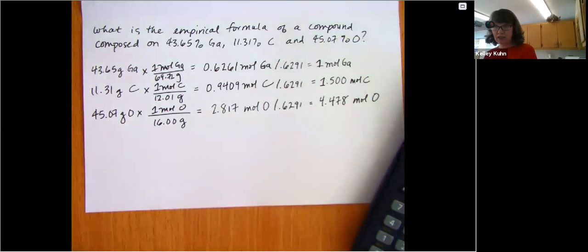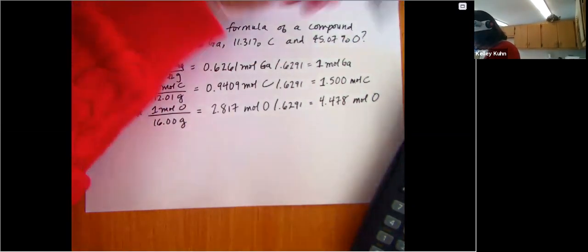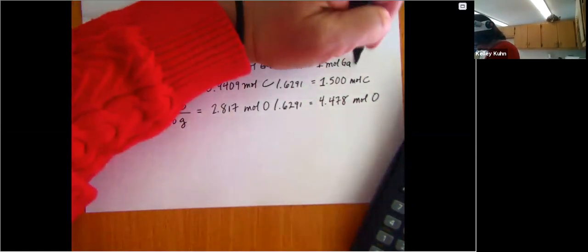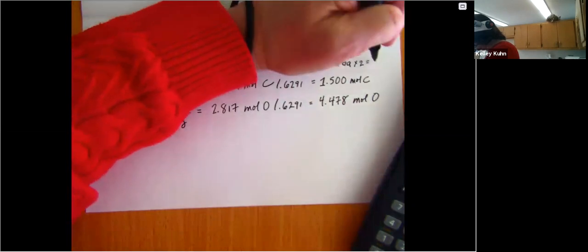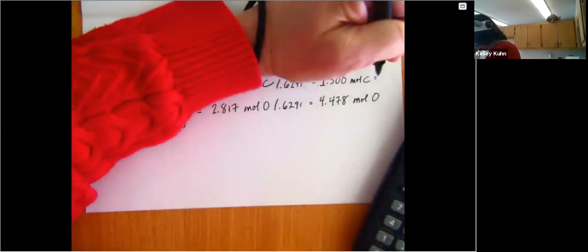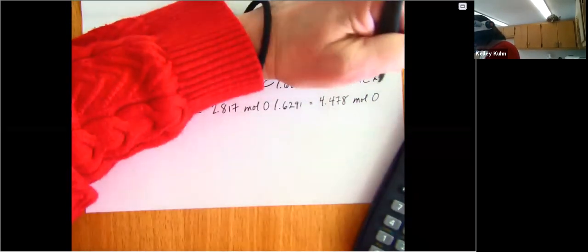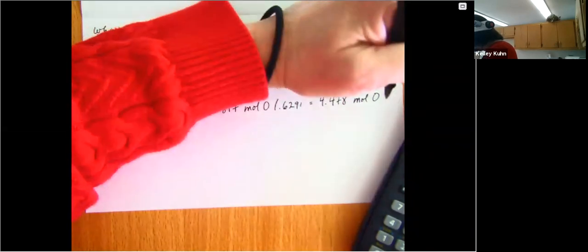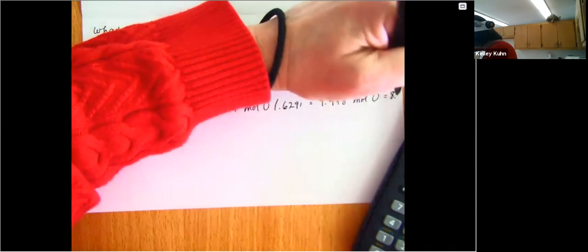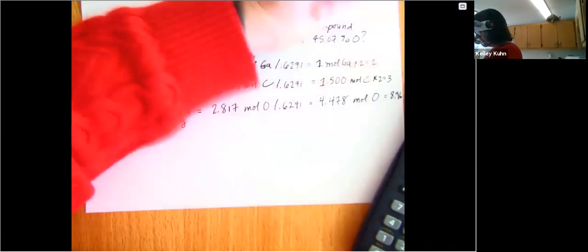And sometimes the easiest way to do that is just to play with it a little. So for example, if I multiplied these by 2, this becomes 2. This would become 3. And this would become 8.96.